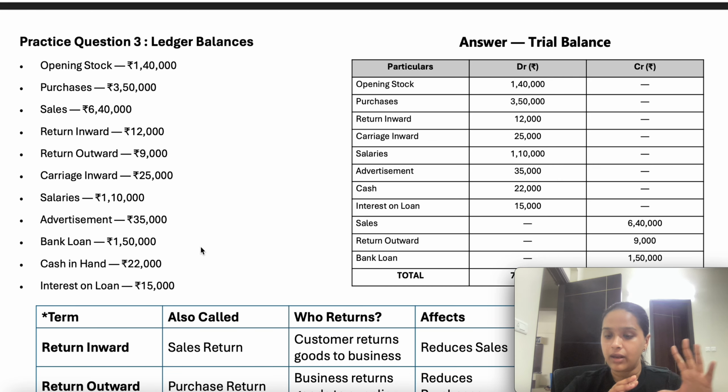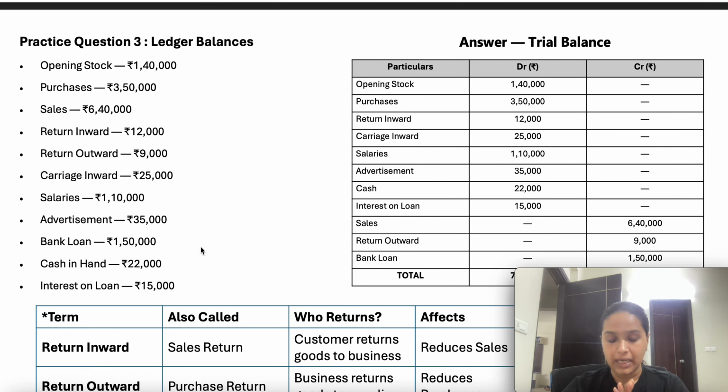So as of now, we have learned how to post a journal entry, how we can prepare the ledger posting process, and further through the ledger posting, how we can prepare the trial balance. And through the trial balance, in the further classes, we will discuss how we can prepare the balance sheet and how we can prepare the profit and loss account, which is the final step of maintaining the books of accounts.